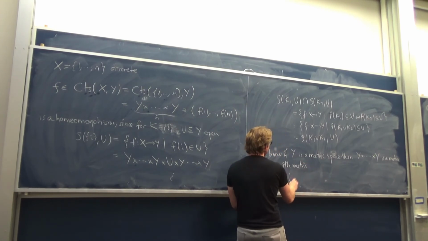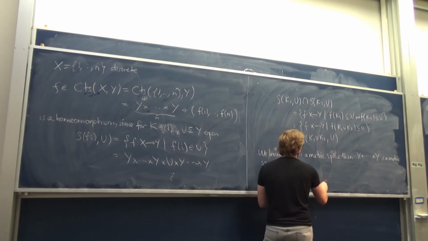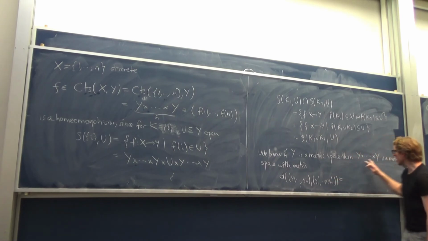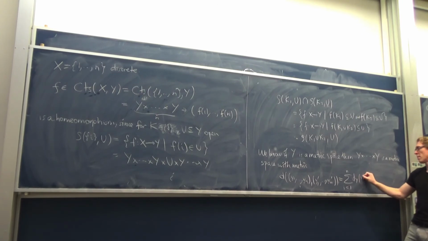Right, so the distance between y1 up to yn and y1 prime up to yn prime. I can define a metric on the product of y with itself n times to just be the sum of all those distances.